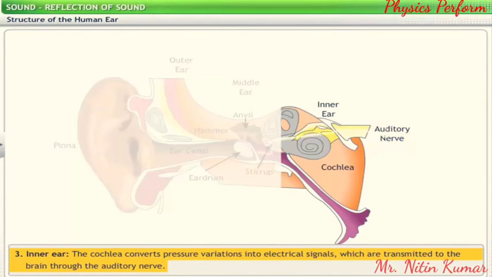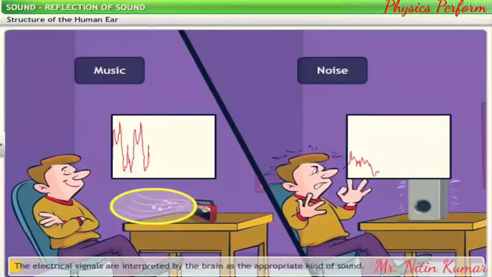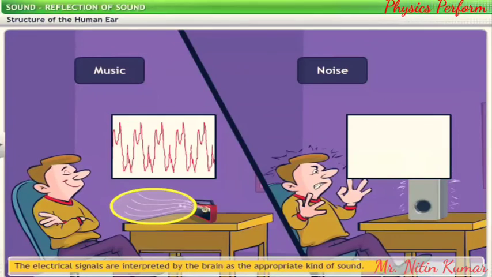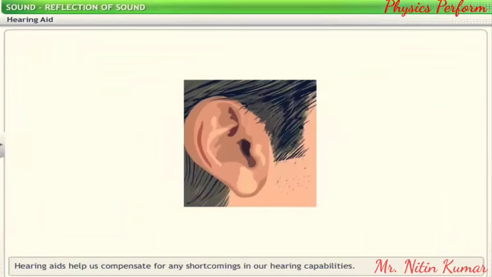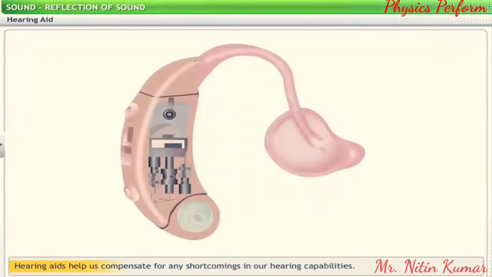The cochlea converts the pressure variations into electrical signals. Then, these signals are transmitted to the brain through the auditory nerve. These electrical signals are interpreted by the brain as the appropriate kind of sound.